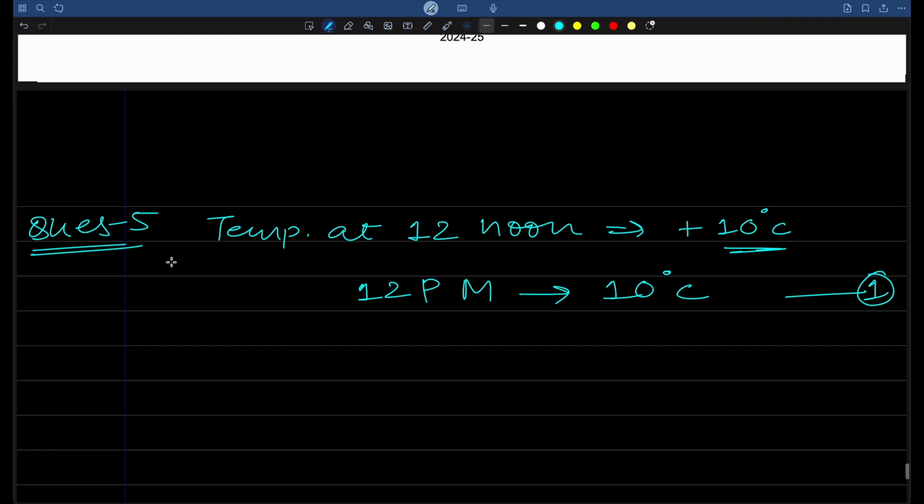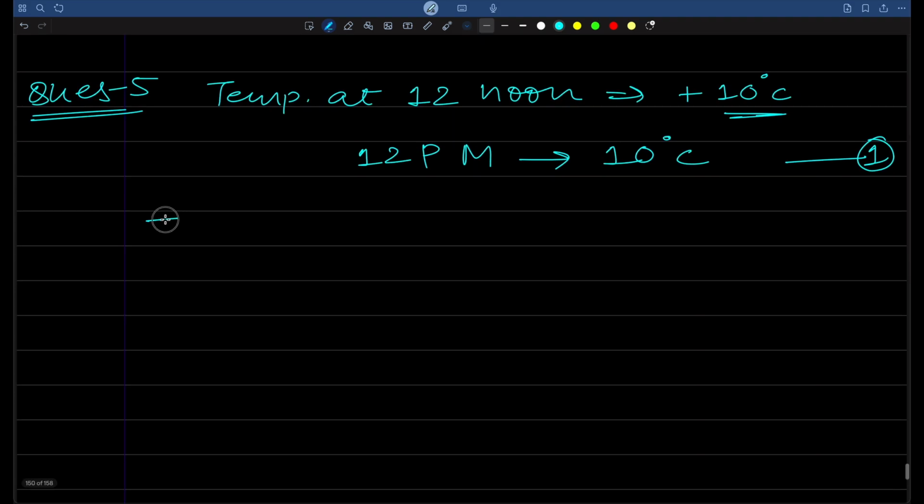Now the temperature decreases at the rate of 2 degrees Celsius per hour until midnight.